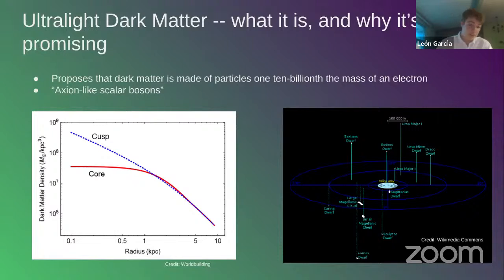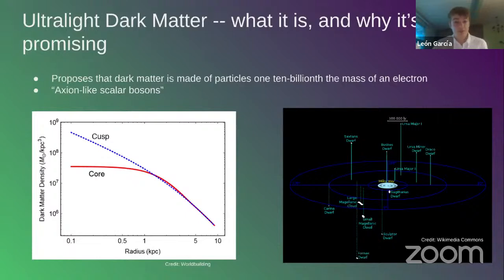Other models are forming upwards of 300 subhalos, or tiny little areas of dark matter that could host dwarf galaxies, whereas the ultralight simulations are creating on the order of 25 to 27, which is much closer to the number that we see in reality. And other models are approaching infinite densities in their cores, meaning that they're predicting that dark matter is infinitely dense at the cores of galaxies.